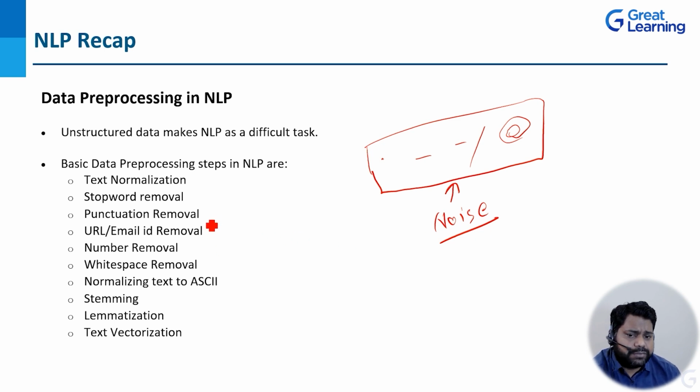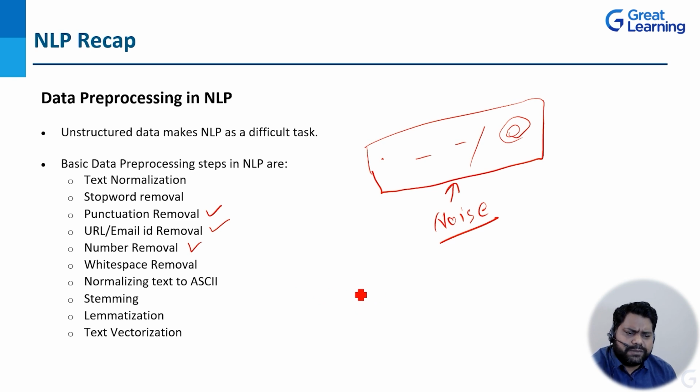We will see how we can remove it once we do the hands-on. Similarly, there are emails and URLs. These are also redundant noise data, so we can remove them with the help of regex by writing functions. Once we go into Jupyter Notebook, we will look into that. Similarly, we can remove the numbers. By doing so, we can create a smaller corpus, or remove the noise.